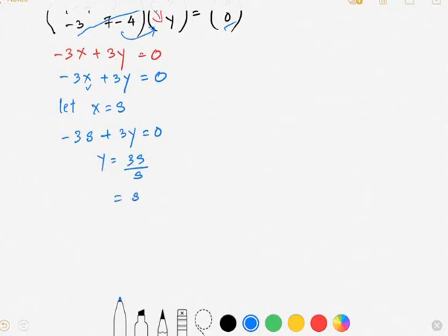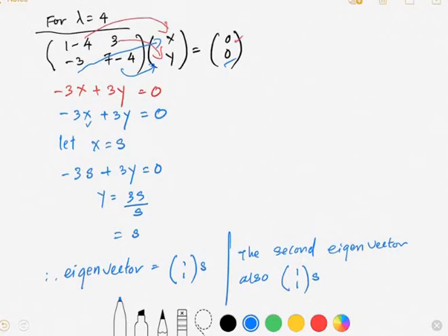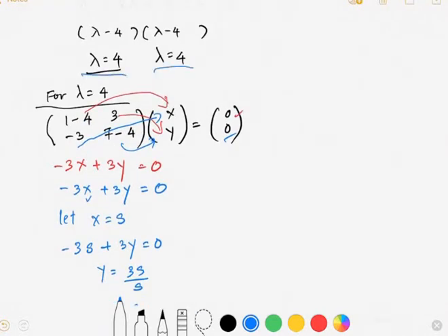So your eigenvector is equal to 1, 1. And the second eigenvector is also 1 and 1 because you have the same lambda.